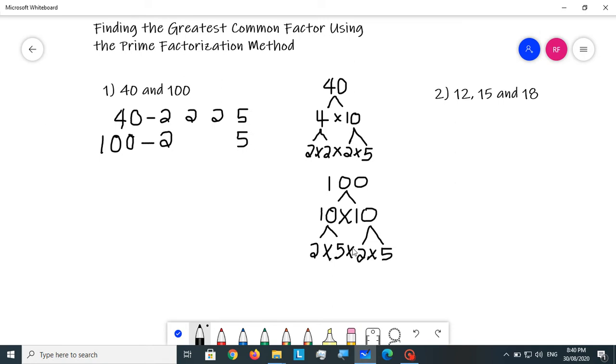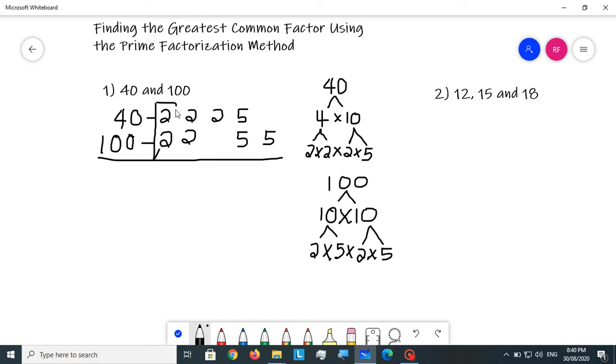And then the other 2, you align to the other 2 of 40. Since there's no more 5 for 40, you just write it somewhere aligned to 100.